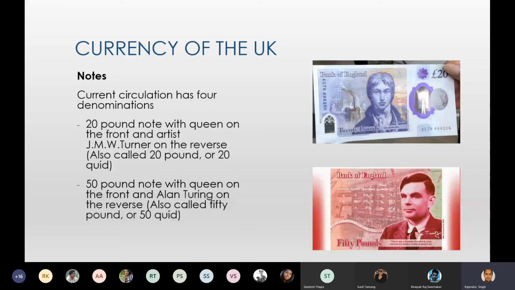All right. Moving forward, the higher cash bill, more than £10, would be the £20 note. This has the portrait of the artist J.M.W. Turner. Again, these are people who have contributed to the United Kingdom. Even though you may not know who Turner is, they should be well known to the British people, or they have made a significant contribution to the United Kingdom.